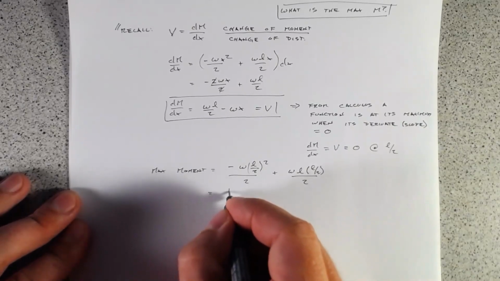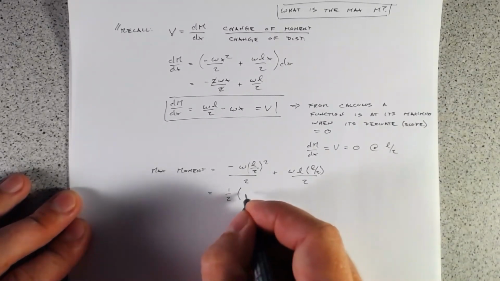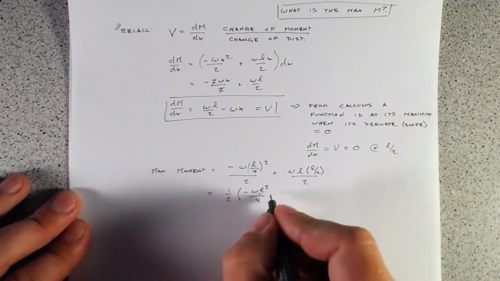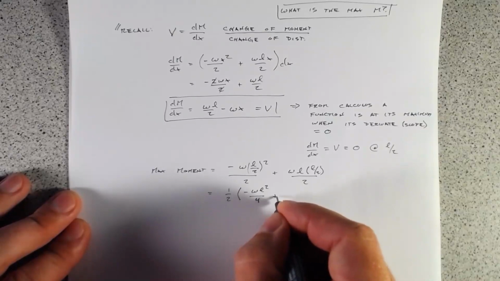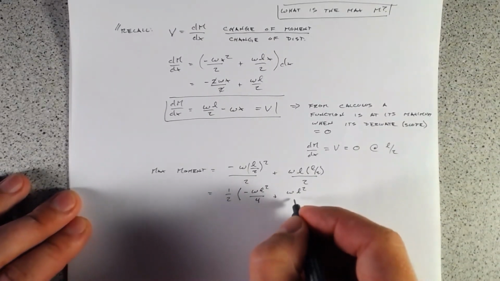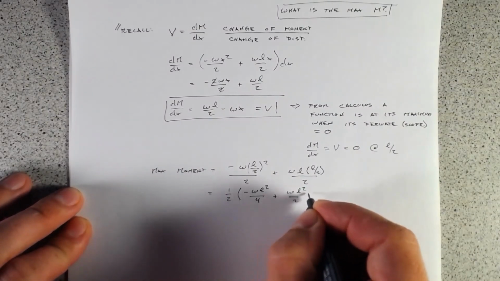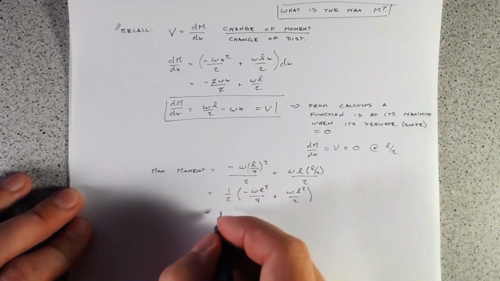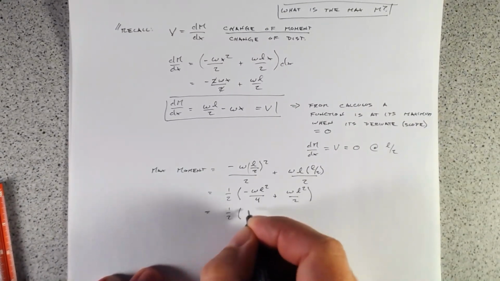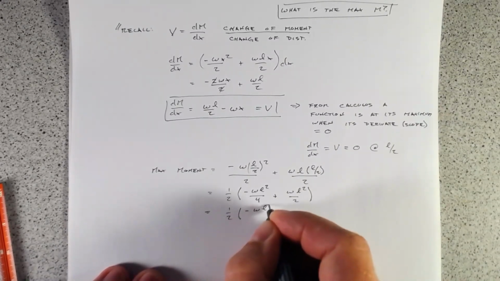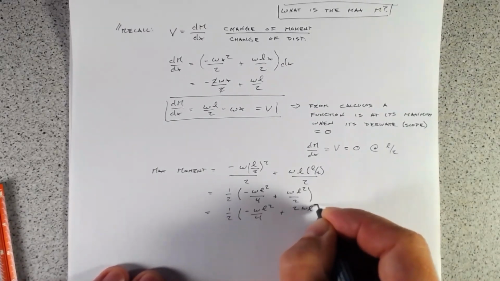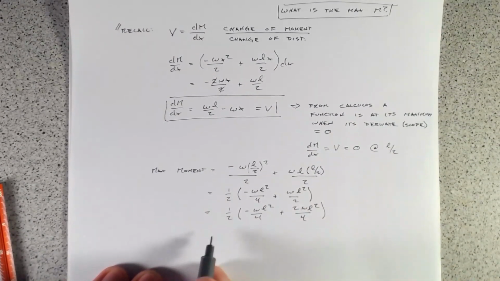Let's pull out this 1/2, and we would get 1/2 times minus wL squared over 4 plus 2wL squared over 4.